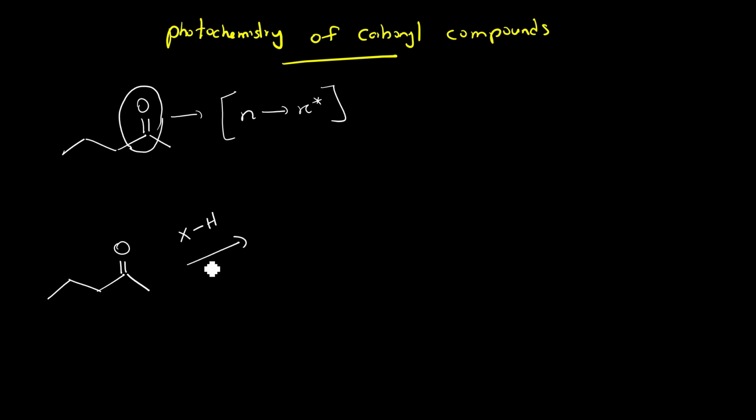When these two react in a radical manner, a radical formation or a radical reaction, we can obtain this kind of intermediates. So this is basically radically cleaved. This pi bond over here will also be cleaved.